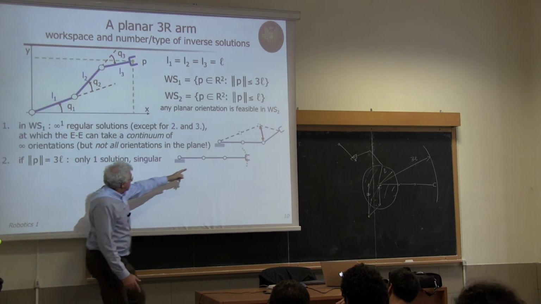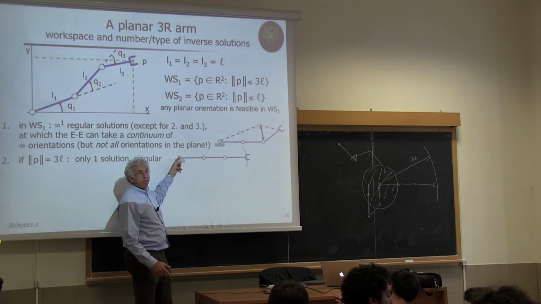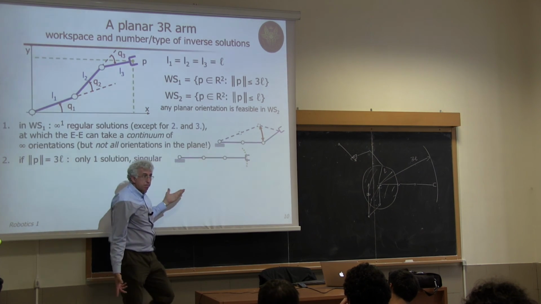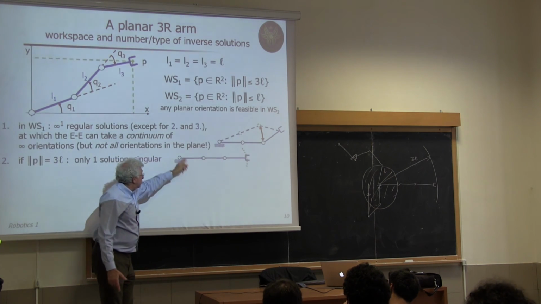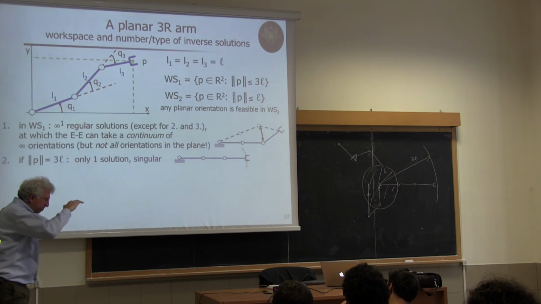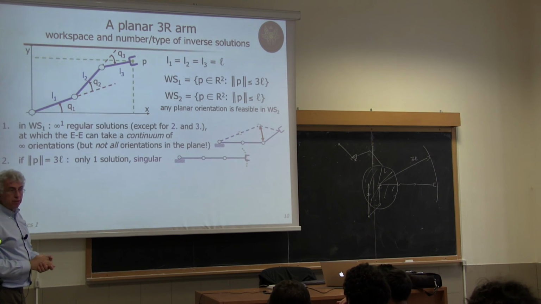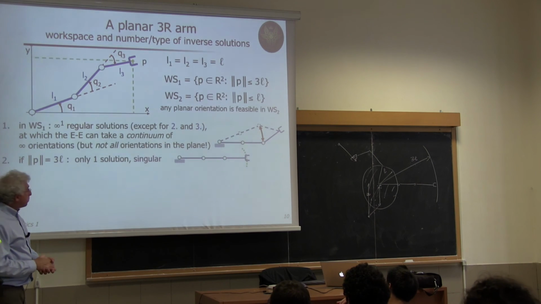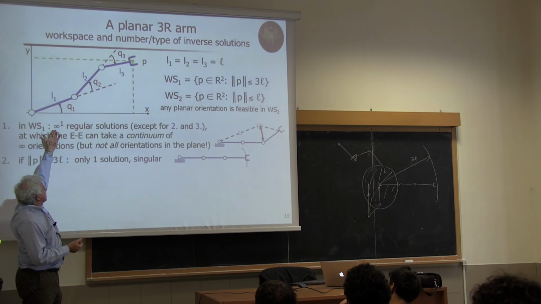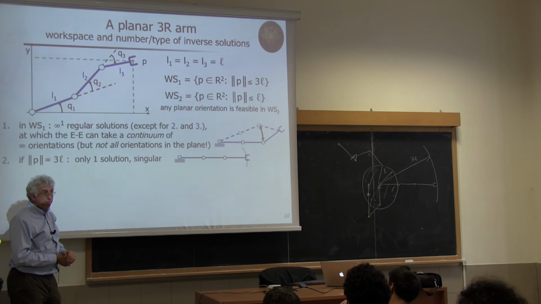Which is 0 for the second joint, 0 for the third joint, and then some angle for the first joint, depending on whether I have to be there or there or there. Okay? There's only 1 solution, and this solution actually is singular. Okay? We will call it singular because in this context it's different from the regular number of solutions, which is infinity to the 1. Okay?